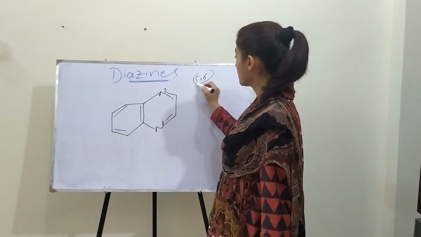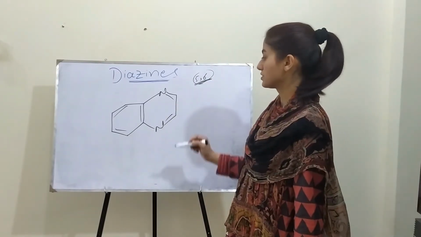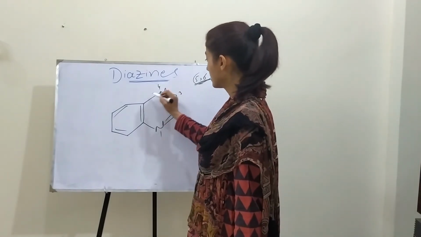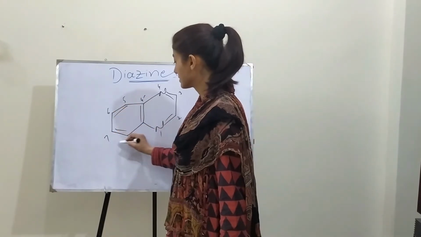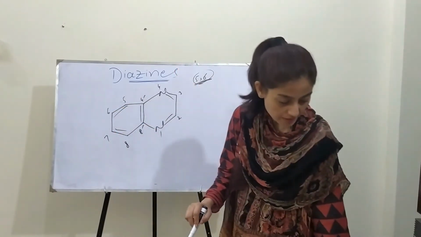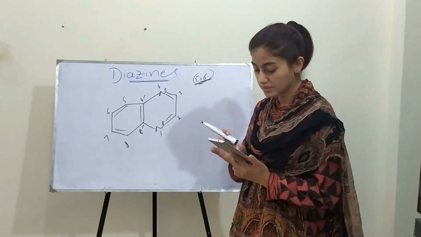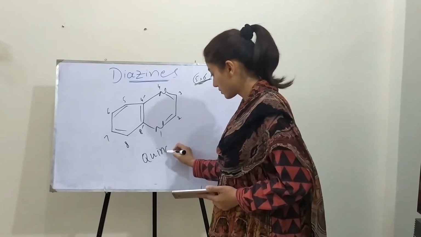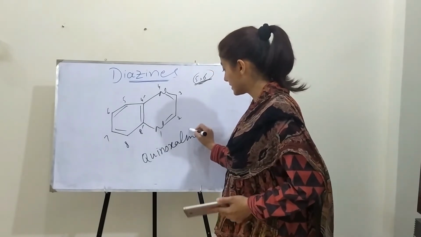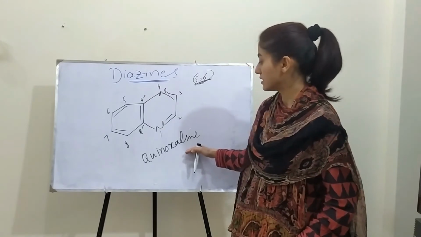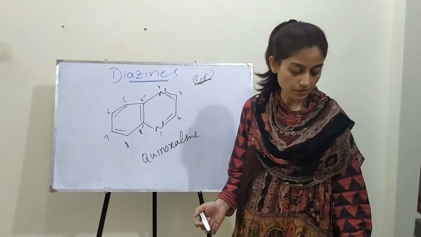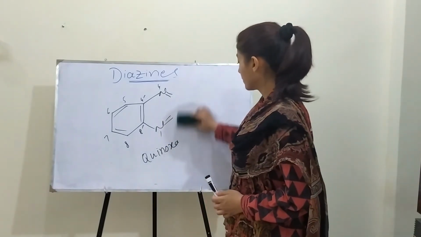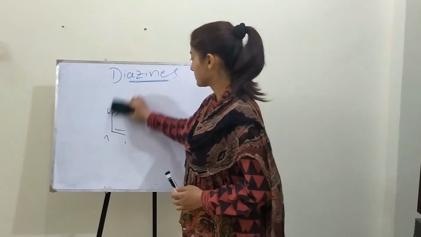Benzene gets fused with the pyrazine at only the 5, 6 position, and the new numbering system is 1, 2, 3, 4, 4 prime, 5, 6, 7, 8 and 8 prime, and the name of this compound is quinoxaline. So this was the general introduction of the diazines.